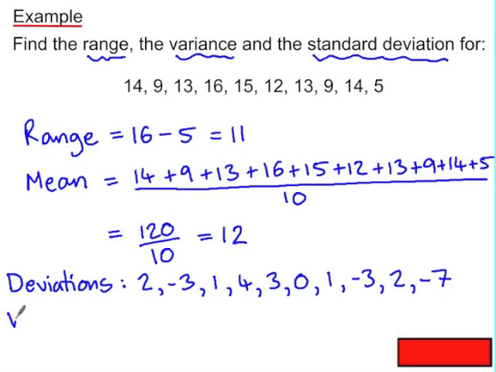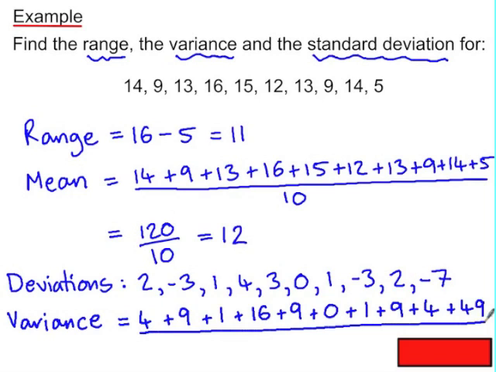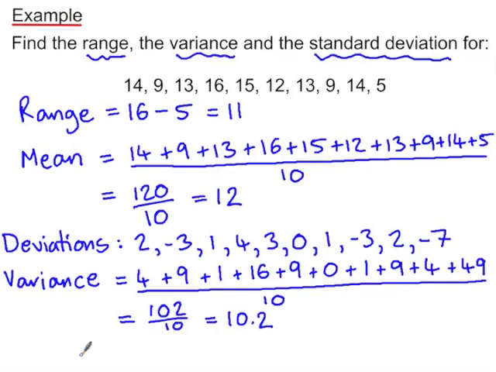To work out the variance, we square each of the deviations, add them up and divide by the number of scores. So that's 10.2. And finally, the standard deviation is the square root of the variance, which is 3.19 to 2 decimal places.